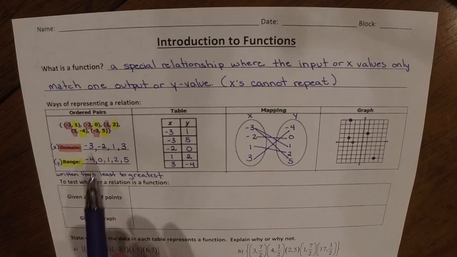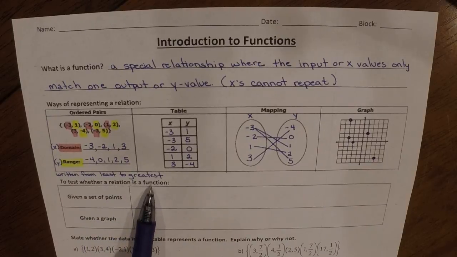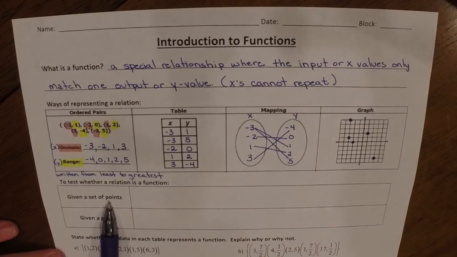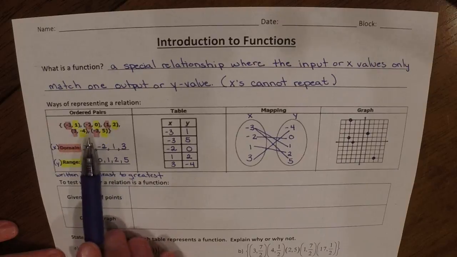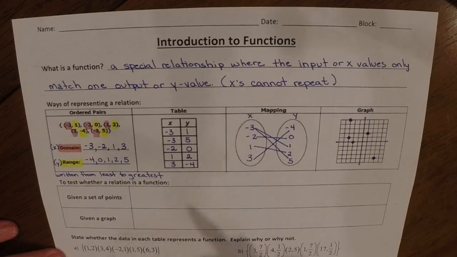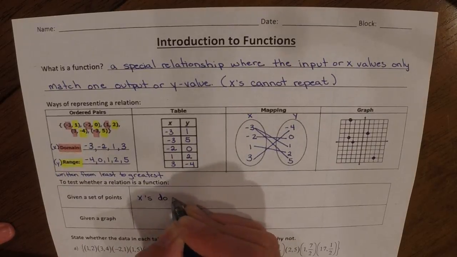So now, no matter which situation, test whether or not the relationship would be a function. Well, remember, the x's cannot repeat. So if I'm given a set of points, in say, this format, or this format, or this format, what I want to make sure of is that the x's do not repeat.